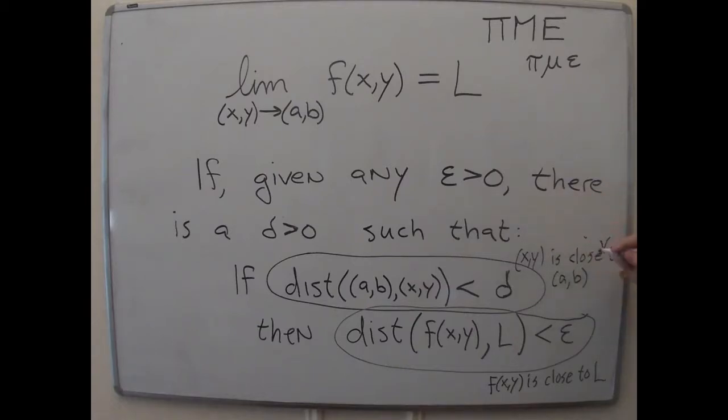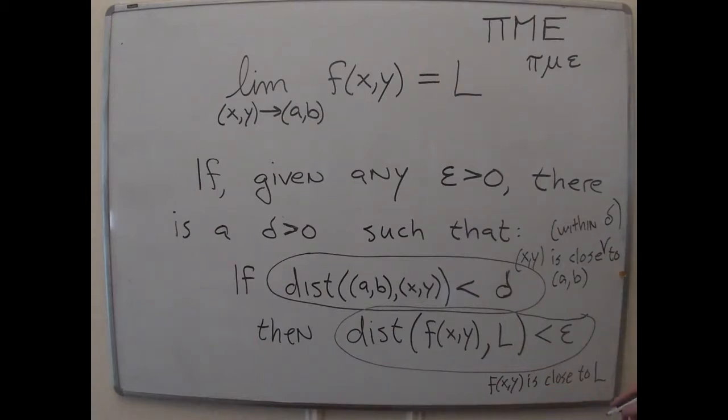All right, I just have to write bigger. Close to, within delta of. Anyway, if the point in motion is close, within a circle of radius delta to the point AB, then the functional value at xy is close to L.